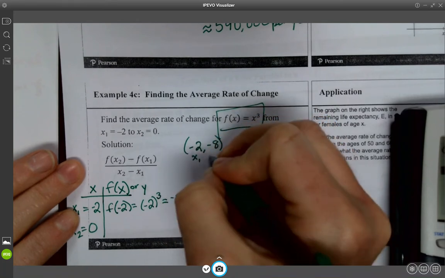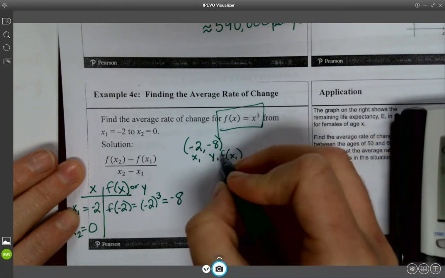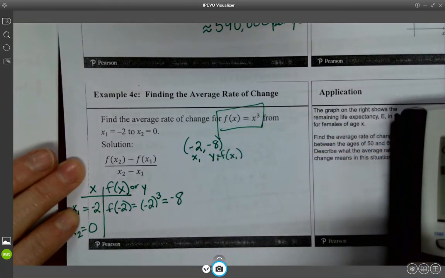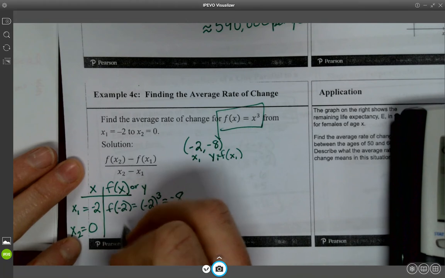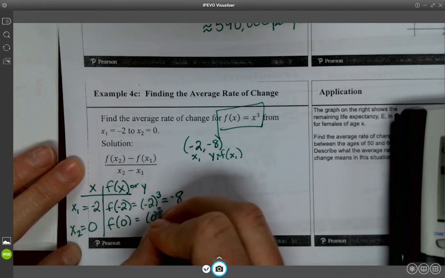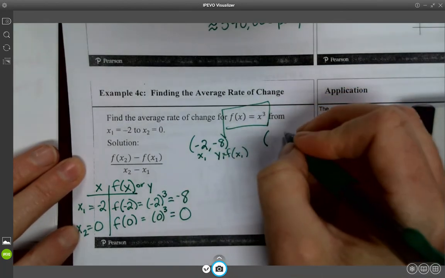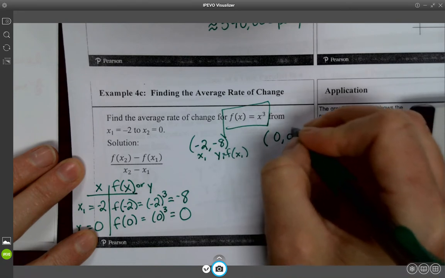This is x1, y1, or I could have said f of x1. They're the same thing. Then f of x2, so f of 0 equals 0 raised to the third power. Well, that's 0. So now we have 0, 0. It's our other coordinate.